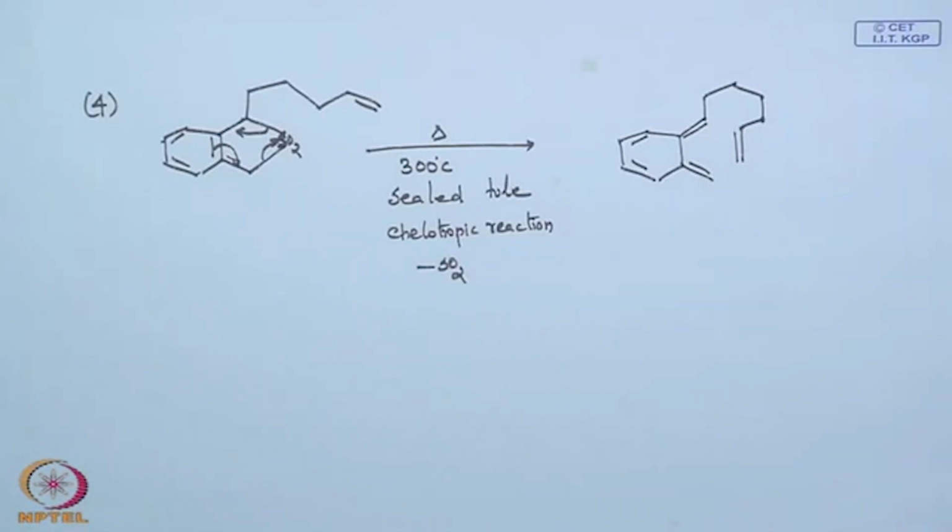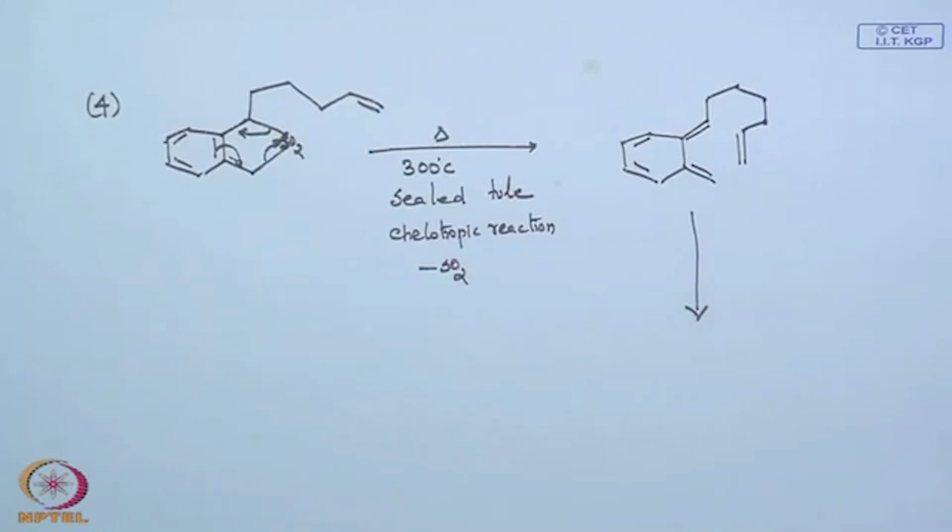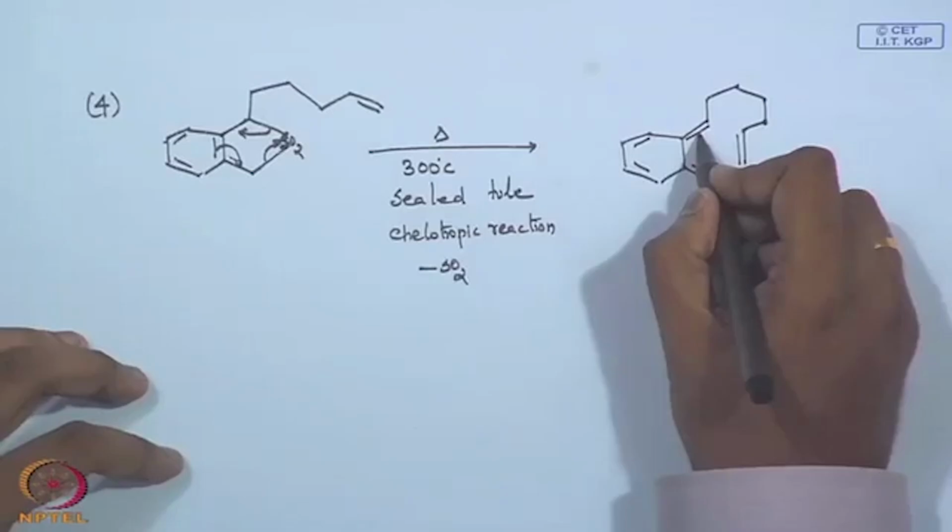See, you get this. Now tell me what this can do. What can this do now? Yes, that's all. Again, you can think about your Diels-Alder, or it's a sort of ring closure, an intramolecular type of thing. That's all.